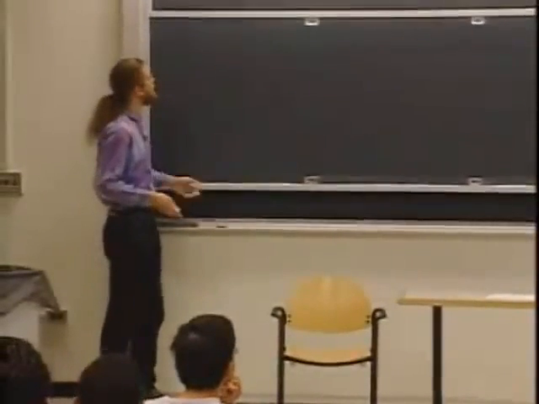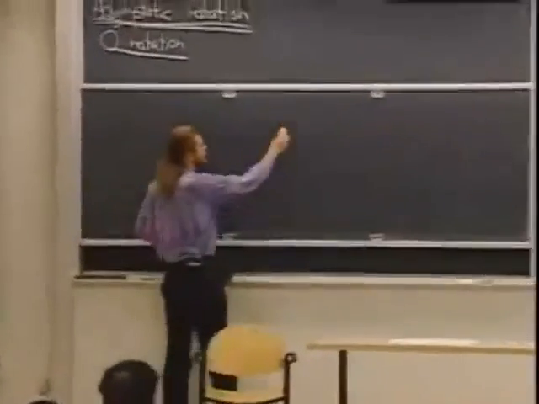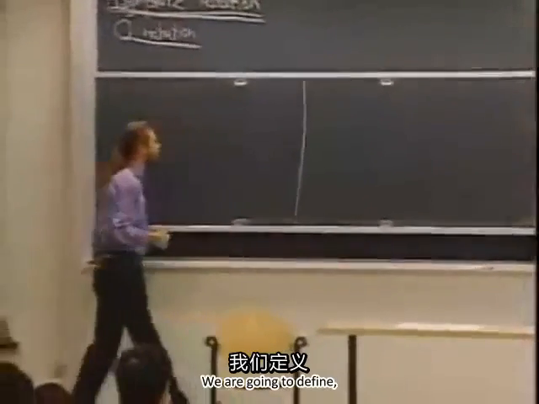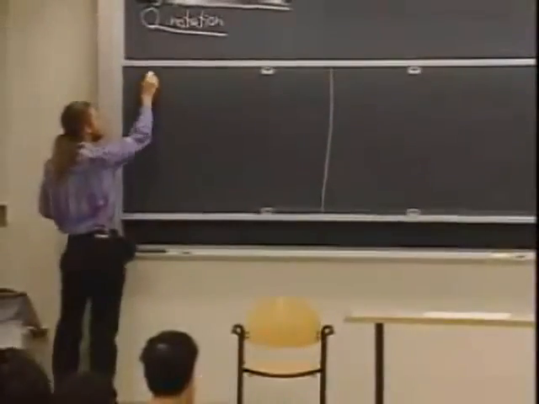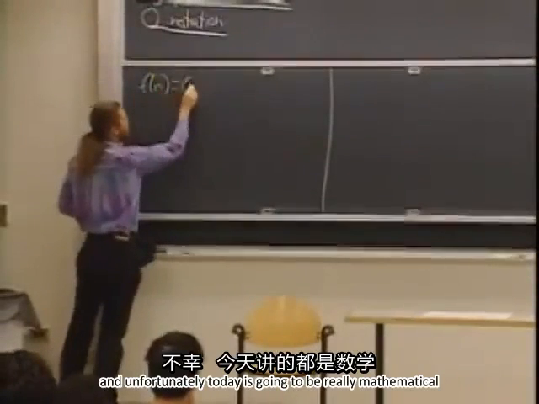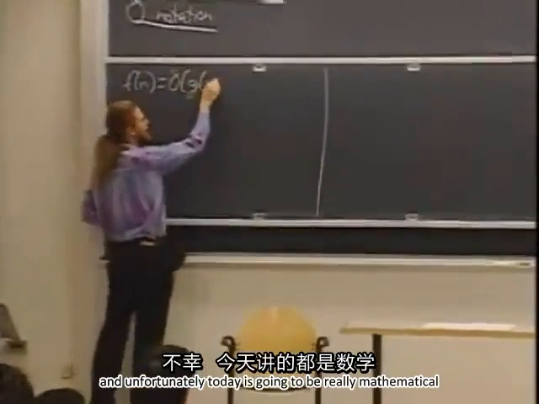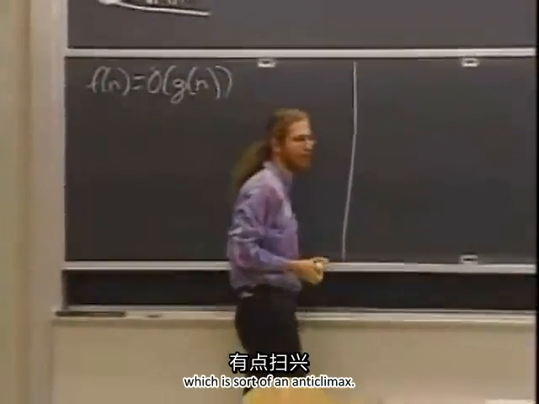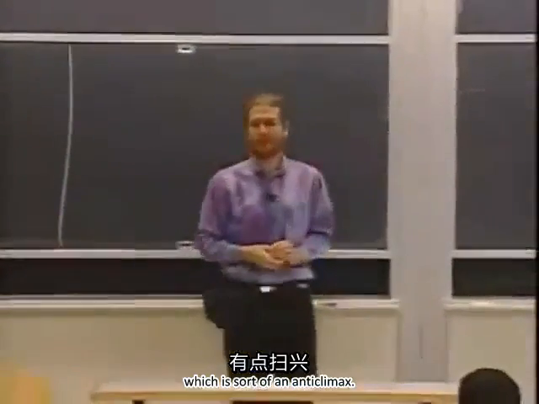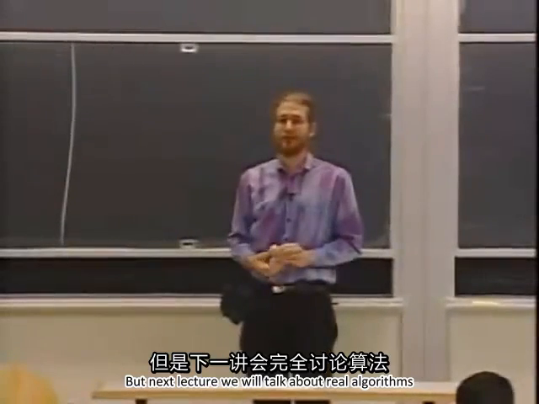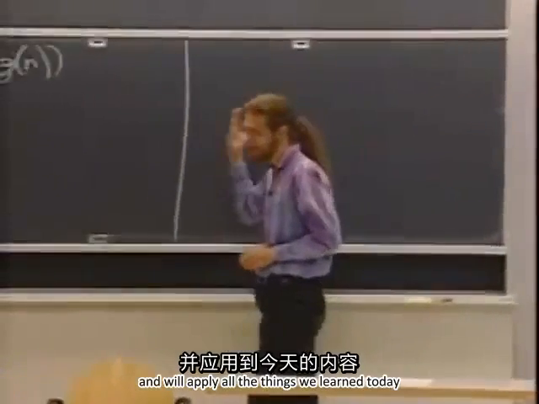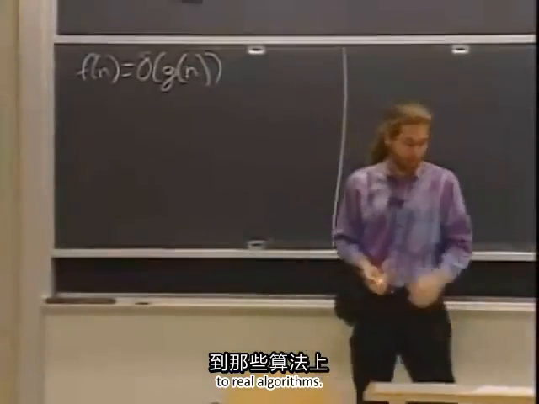Unfortunately, today is going to be really mathematical and really no algorithms today, which is sort of an anticlimax. But next lecture we'll talk about real algorithms and we'll apply all the things we learned today to real algorithms.